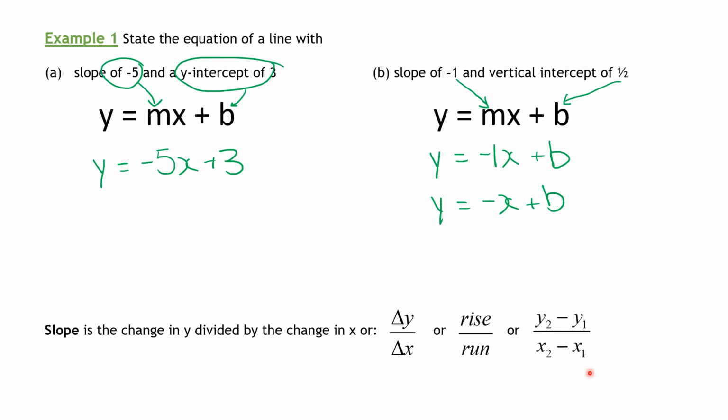It's important that you memorize this formula, and a lot of times in math we say don't memorize, understand, and of course that's true, but understand that this comes from this. This is our change in the y. This is how we find out how our y is changing, by subtracting them, and this is how we figure out how our x's are changing, by subtracting them. So really what you're understanding is this piece here, change in the y's, which means how it's rising or falling, and a change in the x's.